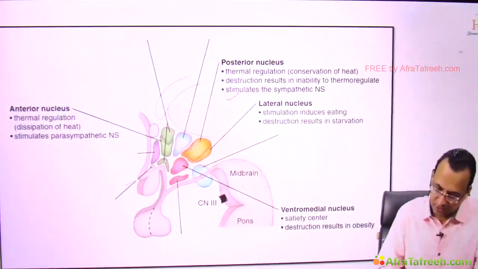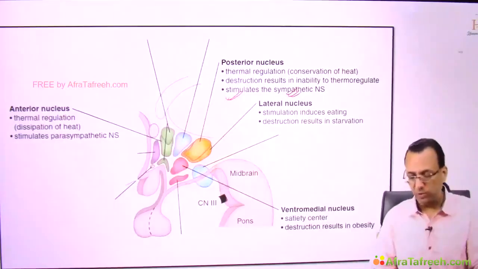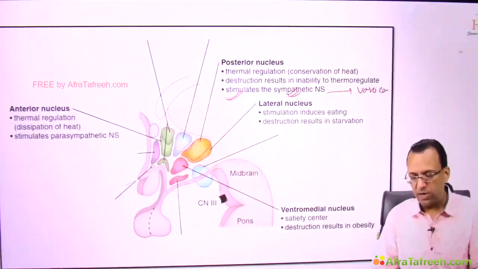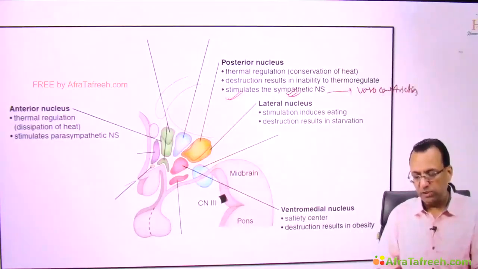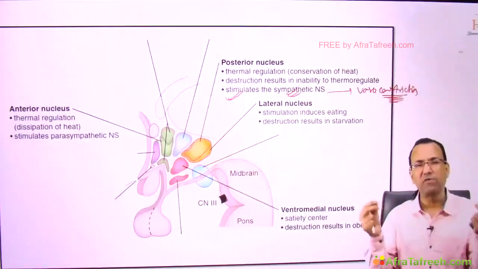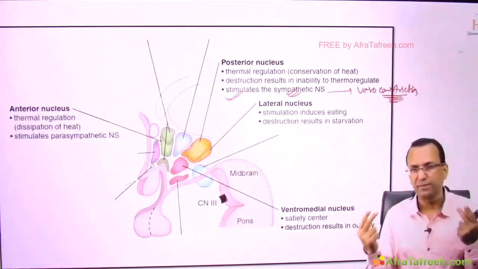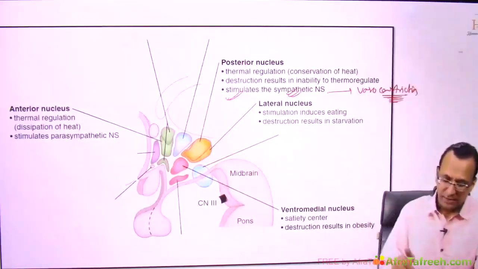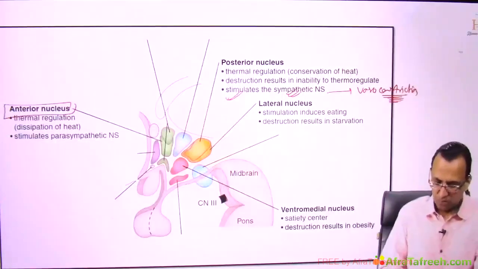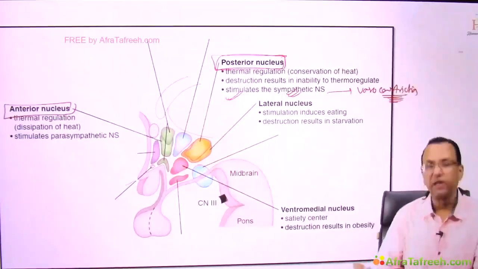It is actually stimulating the sympathetic nervous system, causing vasoconstriction in the periphery and skin to conserve the heat. You don't want to lose the heat in Antarctica. So anteriorly you have the nucleus antagonistic to the posterior. Just remember their functions.